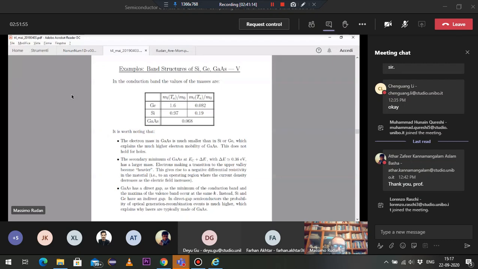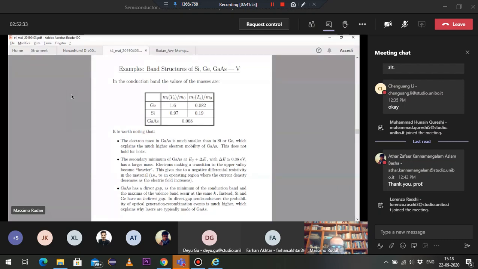And also gallium arsenide, but gallium arsenide has a spherical symmetry, so the longitudinal and transversal mass are just the same, okay? You can observe immediately that the mass of gallium arsenide is much smaller than the others, okay? And this has an impact on the performance of a device.